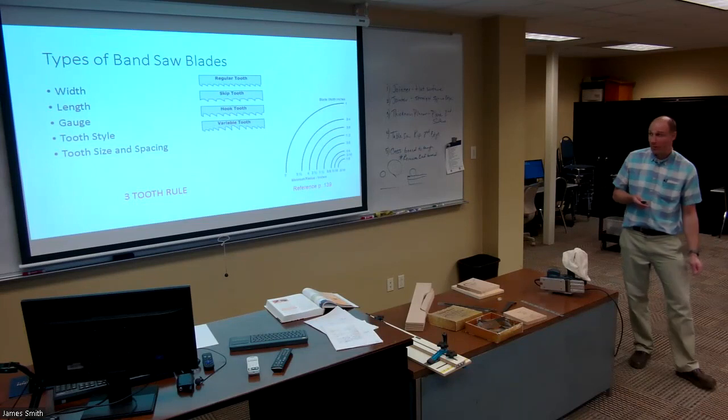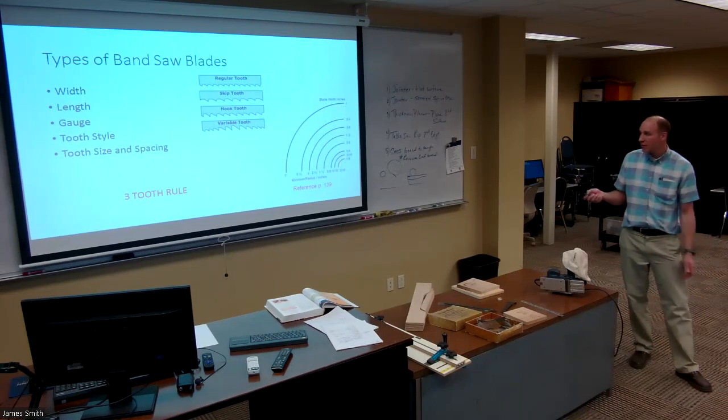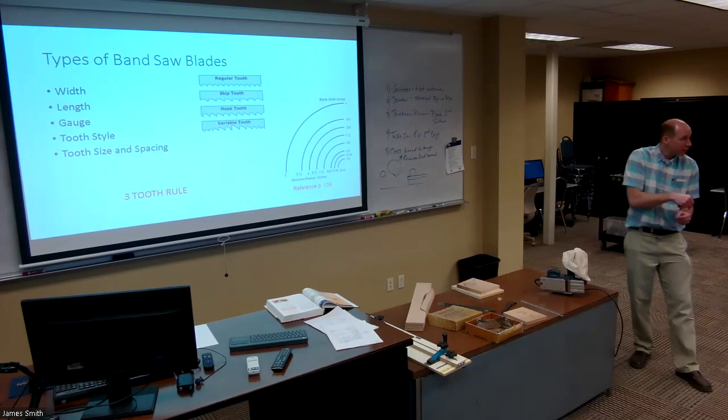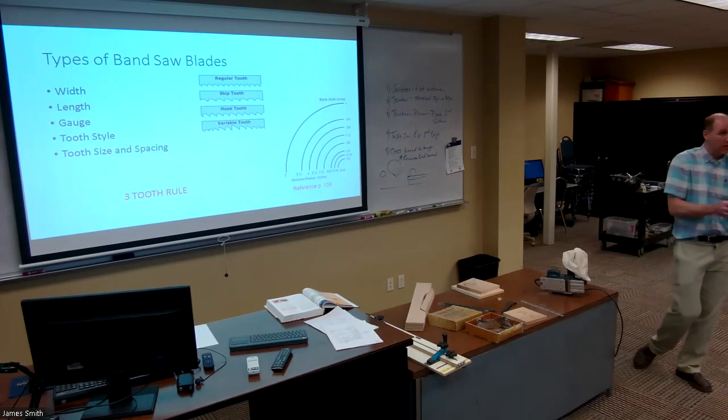This just shows how the tightness of an arc is related to the blade width. If you have a 1/8 inch blade, you can cut a 3/16 inch radius easily, without having to worry about bending the blade.